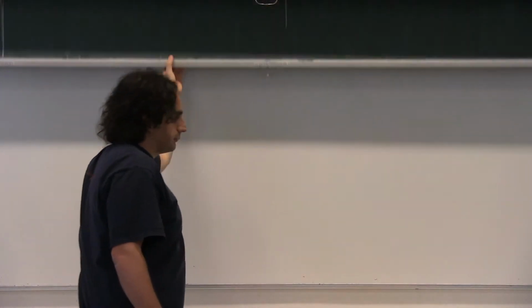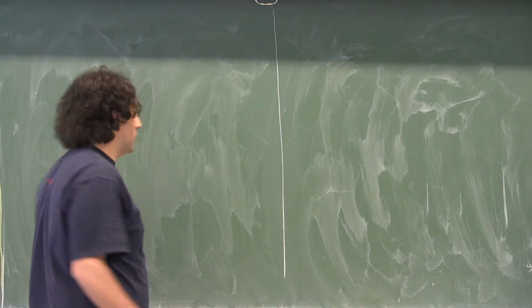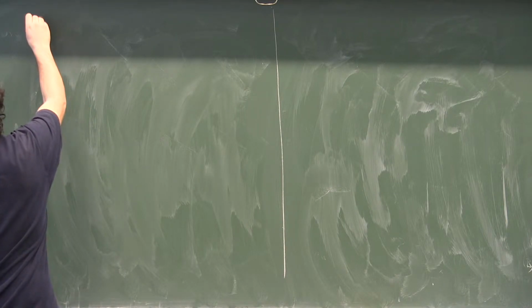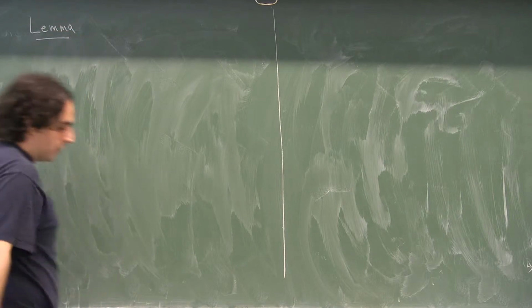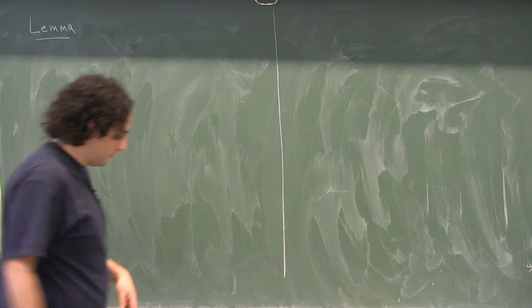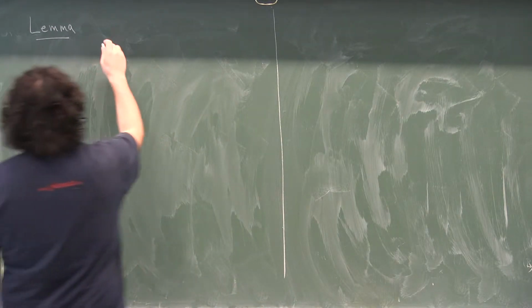Okay. Let's go on to the second isomorphism theorem. Before we state it, we need a lemma, which is useful to know about and is something that can often be given as a homework or exam problem.